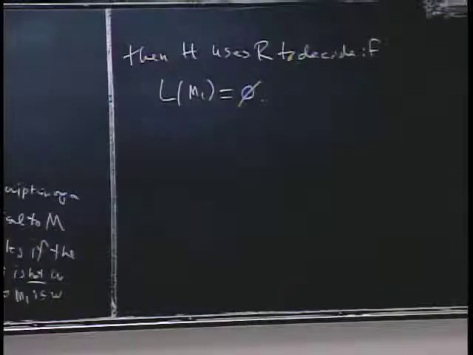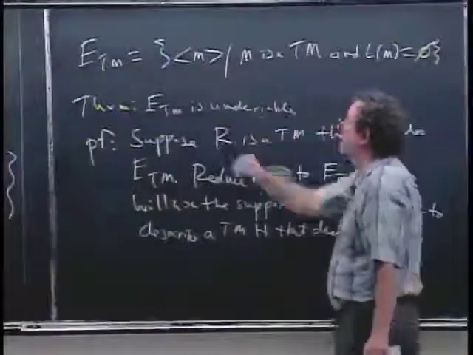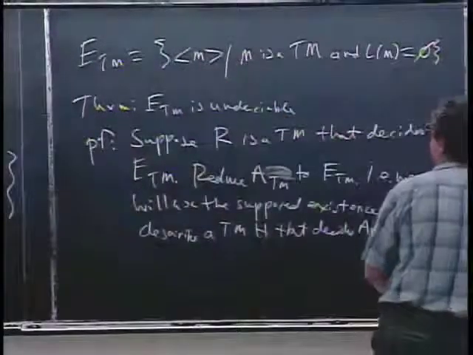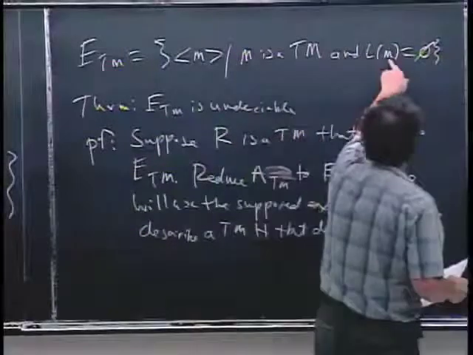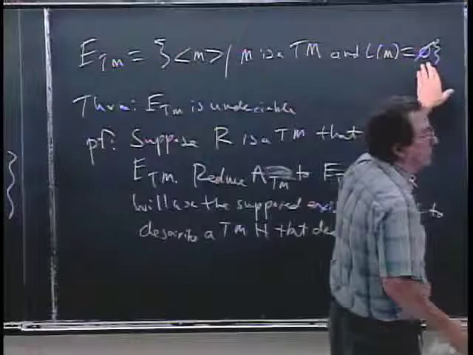That's what we said. There's a Turing machine that can decide ETM, and that means that Turing machine can take in an arbitrary description of a Turing machine, and decide if the language that is accepted by that Turing machine is empty.